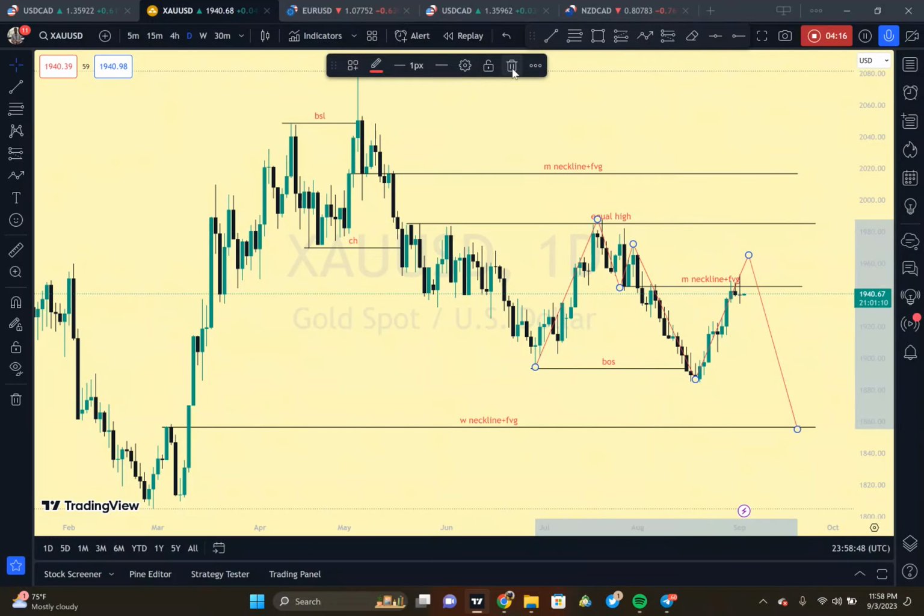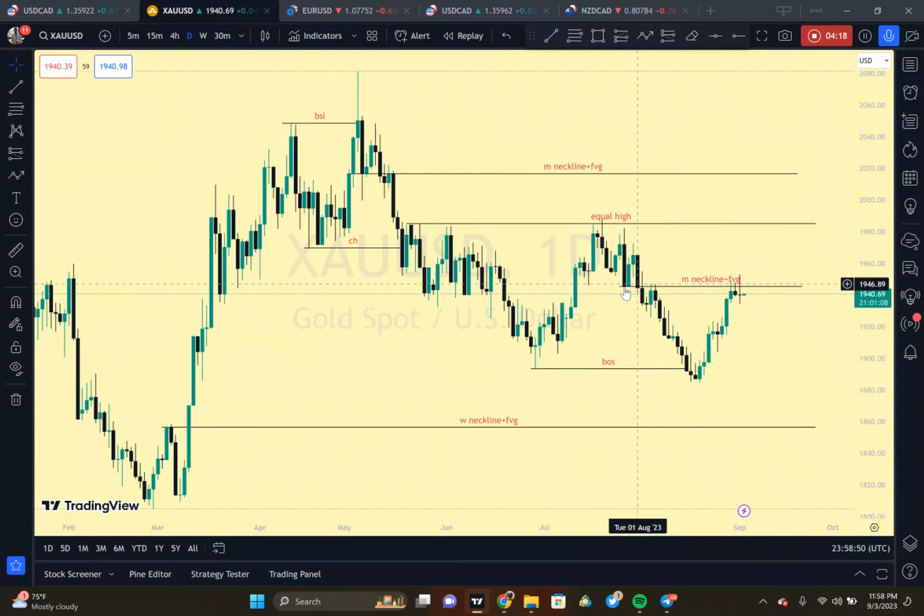So since price has traded back to our M neckline and mitigated that area, which also has a little fair value gap which has been traded to by this green candle, we can expect price to do what? To reject at any point from now. We can expect price to reject to the downside. And how do we determine when price can be rejected to the downside?